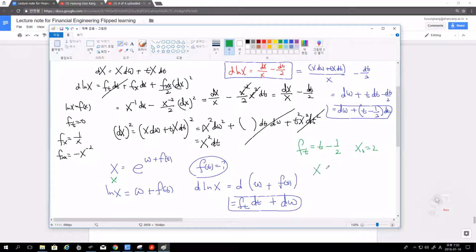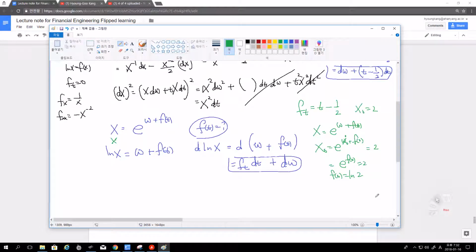Since x equals e to the f(t), x naught is e to the f(0), which is 2. So this is basically 0. So e to the f(0) is 2, which means that f(0) is log 2, right?